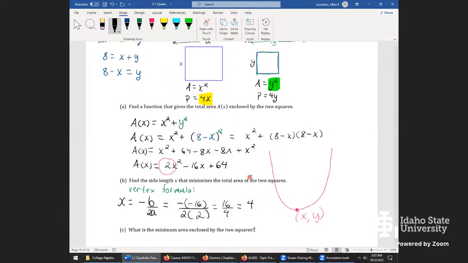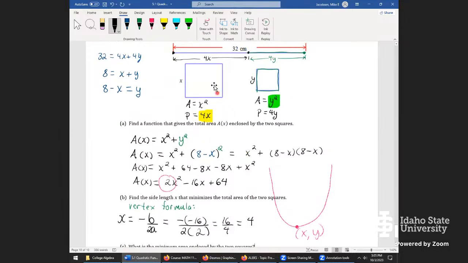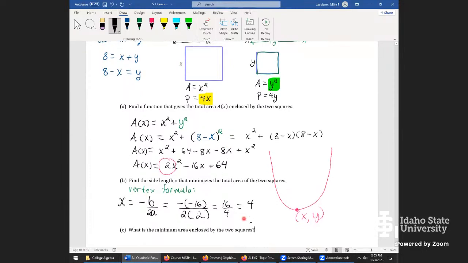Okay, so what they're saying is, if we're trying to minimize the area of the 2 squares that's shown here and here, well, you should take a side length of x equals 4 centimeters. That's going to give us the minimum is what the claim is. But they're asking us next, what is the minimum area enclosed by the squares? Well, there's a couple ways to do this.